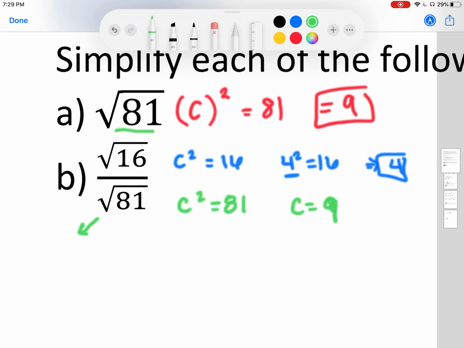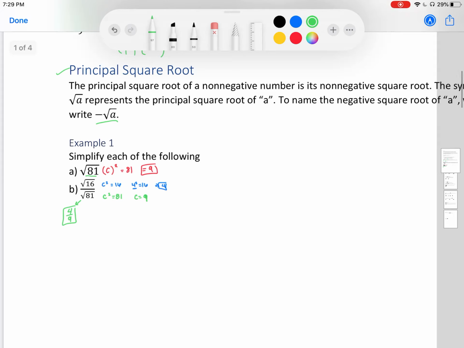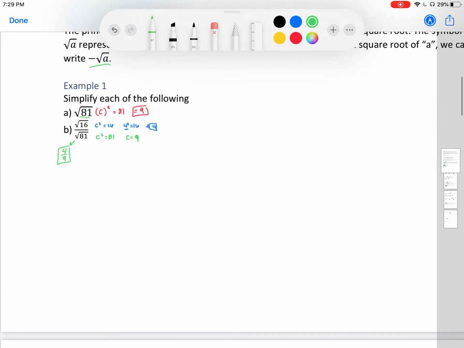Our answer would be 4. This will become a lot more second nature.